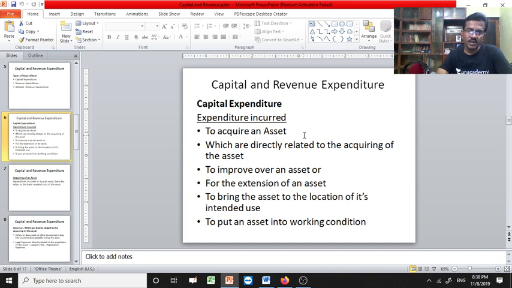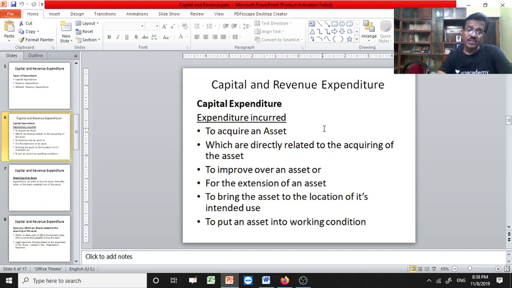If you have incurred expenditure to acquire an asset, or expenditure which is directly related to the acquiring of the asset, then next is to improve an asset. If you made some expenditure to improve the efficiency of the asset, that is an improvement.